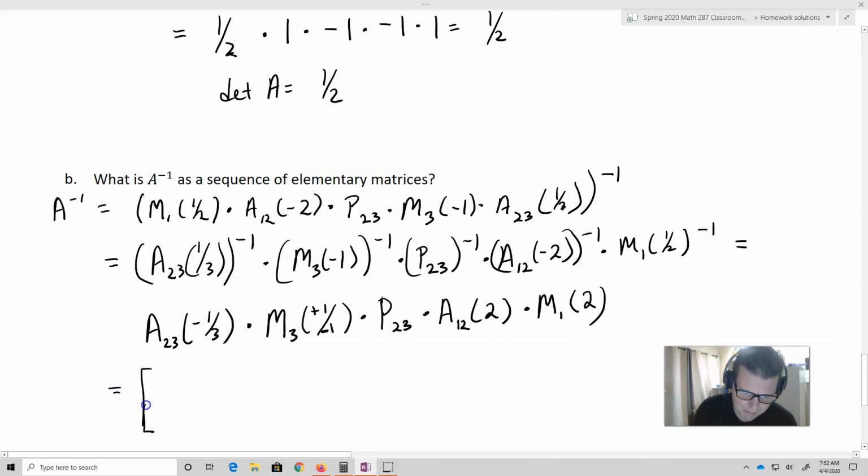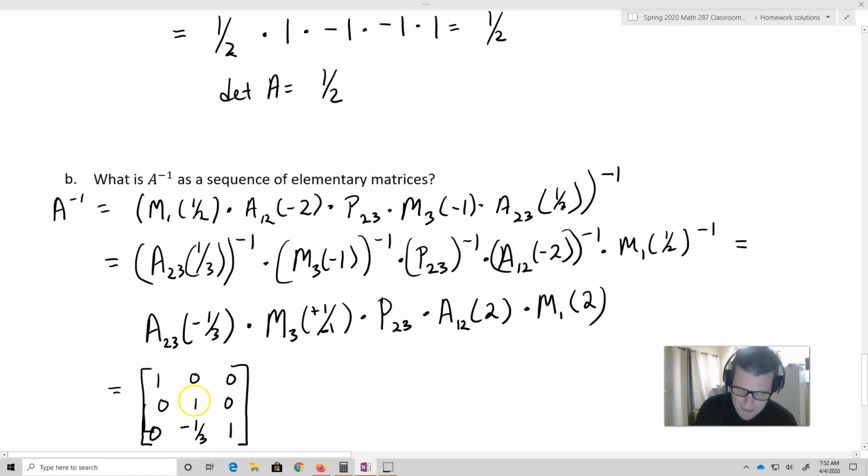All right, A23, if we've got a 3 by 3, A23 is going to be [1, 0, 0; 0, 1, 0; 0, -1/3, 1].